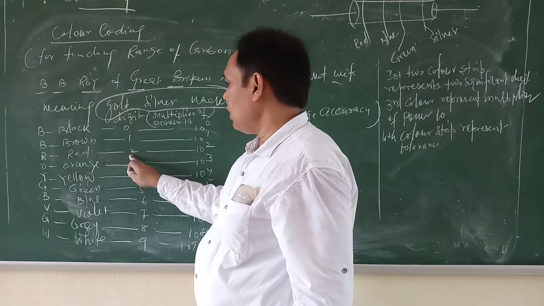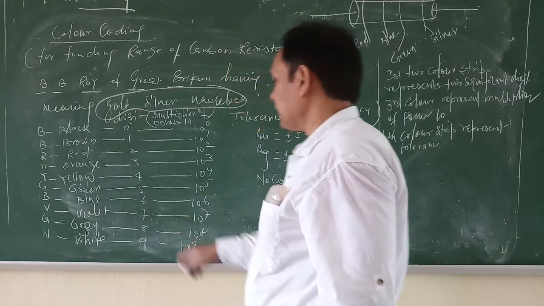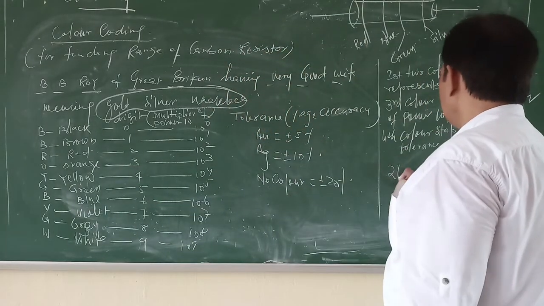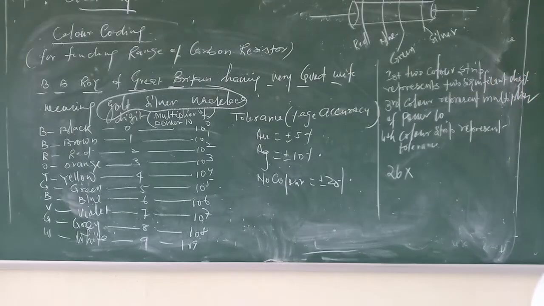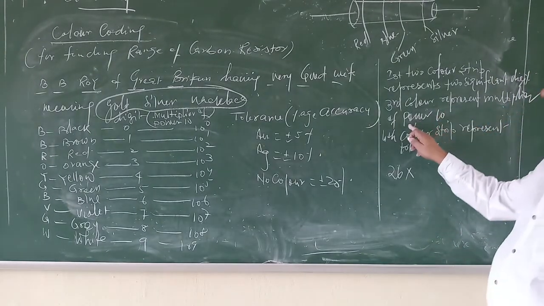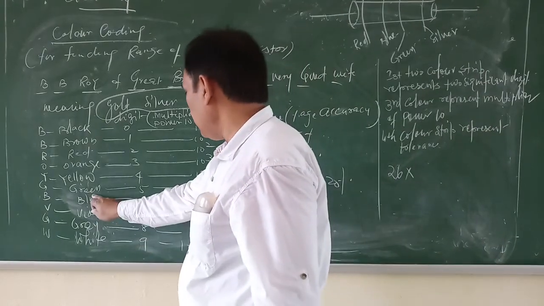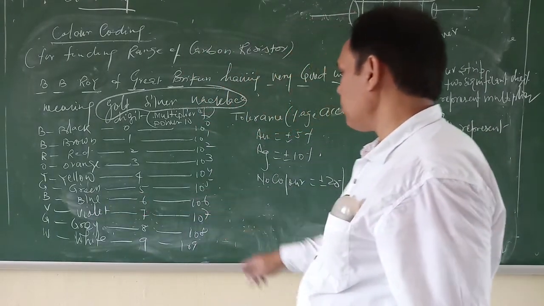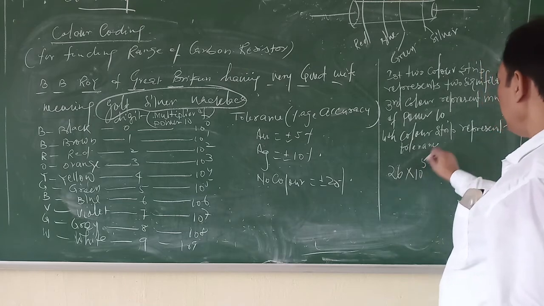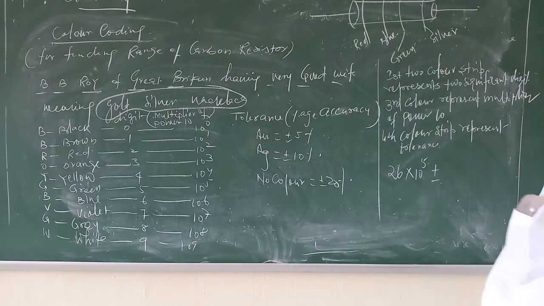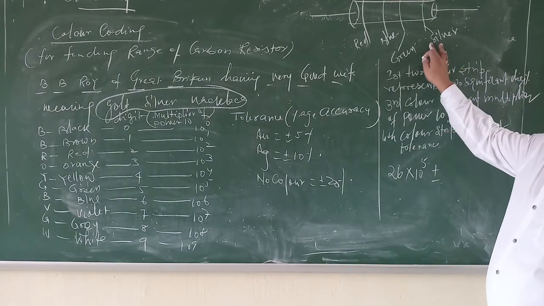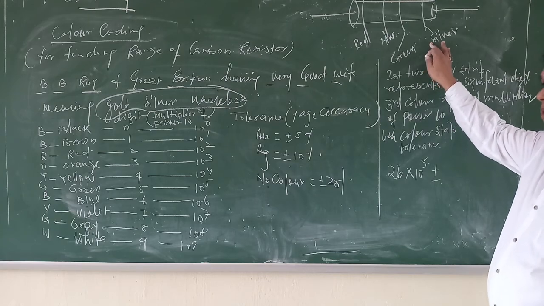So first two colors, red and blue, give two digits. Red is 2 and blue is 6. So this is 26 into the third color, which represents the multiplier. The third color is green, and green multiplier is 10 power 5. So this is 10 power 5. Again plus minus, the fourth color strip represents tolerance.